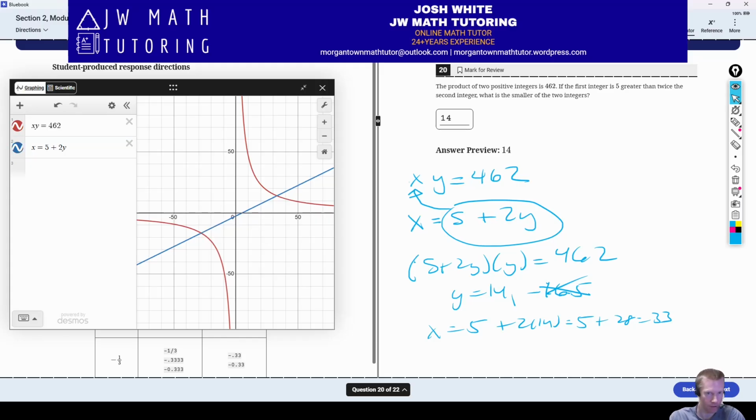We ignore them. They don't apply. They're not a solution to this specific problem. Right here is the solution to this specific problem, and it's the 33 and 14 that I just got. So now when you look at these, you would say, okay, what is the smaller of the two integers? Well, it's 14. So that's your correct answer. And that's how, once you set up the system of equations, you could do the entire thing in Desmos.